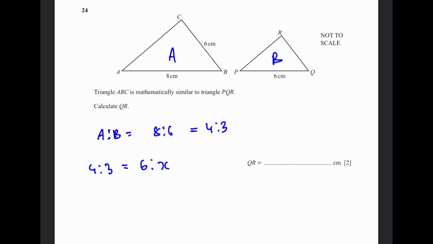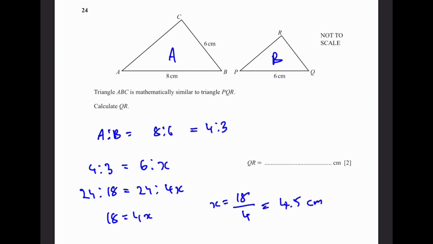Now let's make both of these the same number. 24 is to 18. We got this by multiplying both sides by 6. That's equal to 24 is to 4x. That means 18 is equal to 4x, and x is equal to 18 by 4, which is equal to 4.5 centimeters. That is the length of QR.